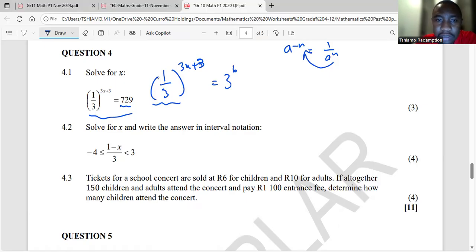So meaning I can have 3 to the power of minus 1 times x plus 3 equals 3 to the power of 6. Okay, now before I do anything, I need to deal with the bracket. So I'm going to multiply everything there with the bracket.